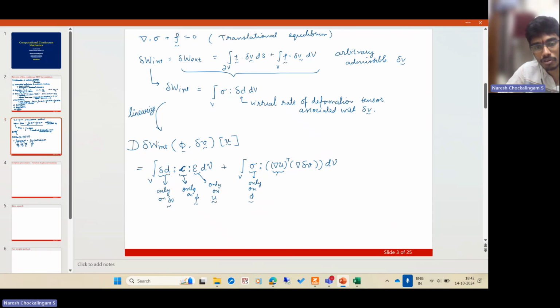This is the gradient of U, which depends only on the displacement U. And this is the virtual velocity. The gradient of the virtual velocity depends only on del V. So this entire term is called the material part.